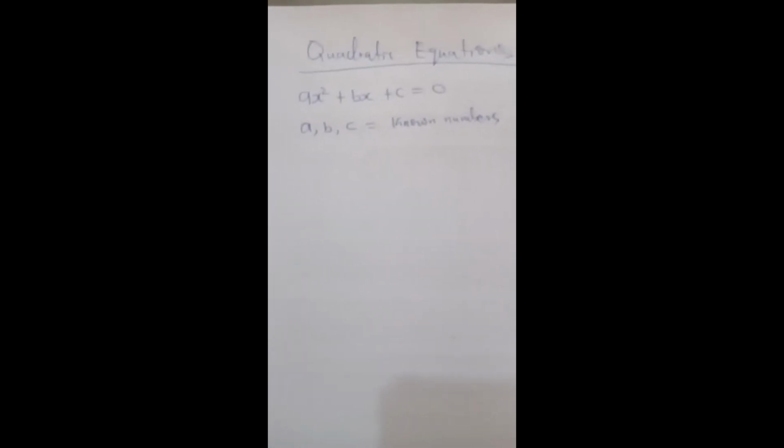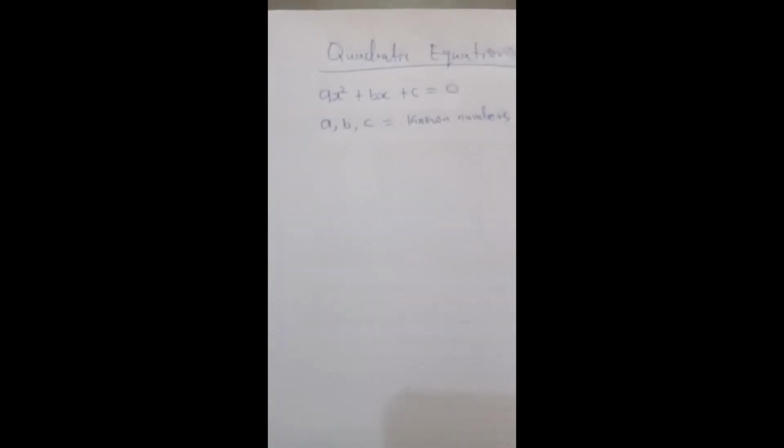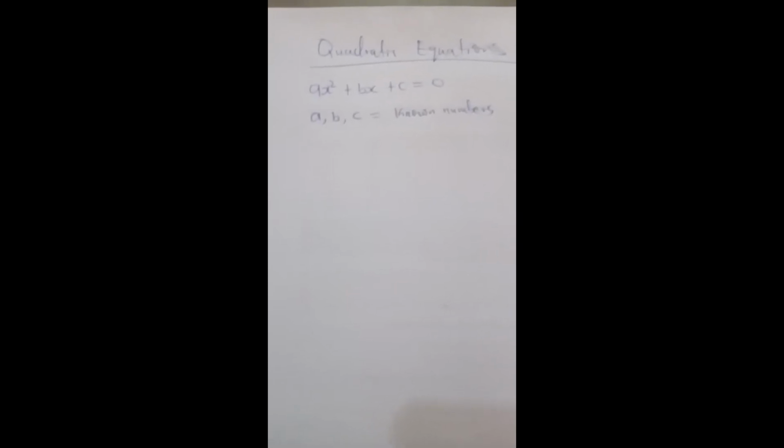I will mention at least 3 of them. The first is the factorization method, while the second is the formula method, which we know in Nigeria as the almighty formula. The third is the graphical method. I will not fail to mention also the method of completing the square. But I will present 3 of them, or all 4 of them, one after the other.